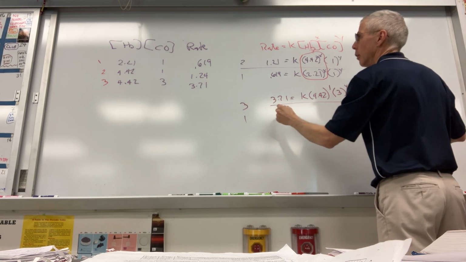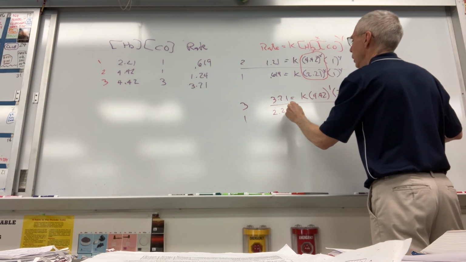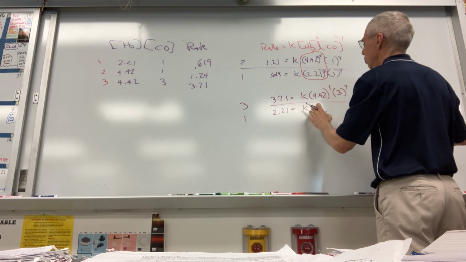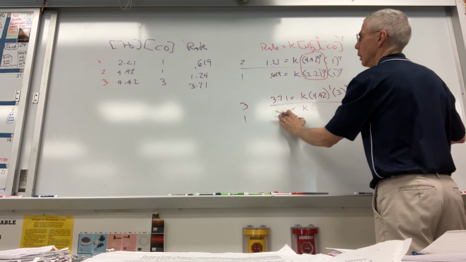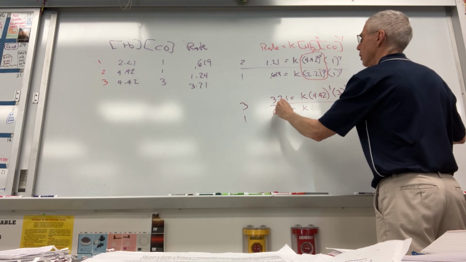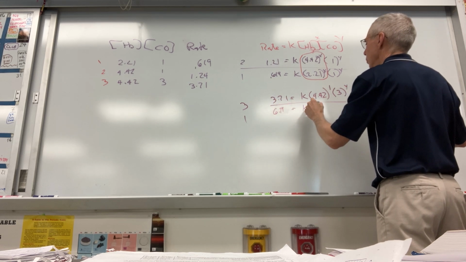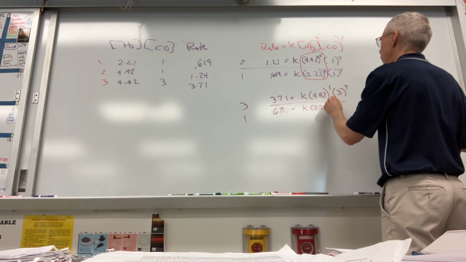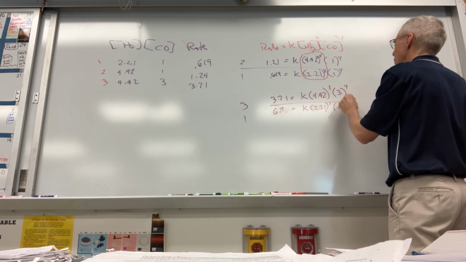All right, over 2.21 equals K. Since we did the first one, let's do the first one. So the rate is 0.619 times 2.21 to the first, 1 to the y.